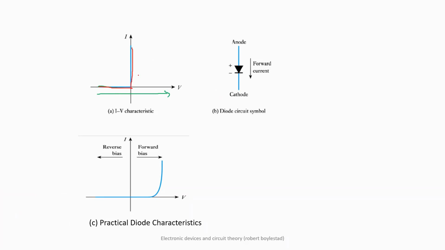When it is forward biased, your current will increase instantaneously, and if it is reverse biased, it does not give you any current, however much you increase the voltage. But that is the ideal case. In practical cases, in reverse bias we don't have any current for most operating conditions. But in forward bias there is a certain threshold that needs to be overcome.